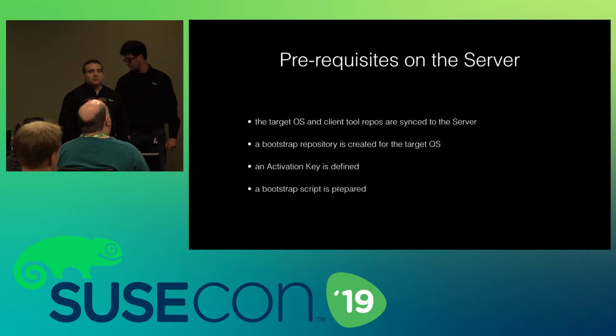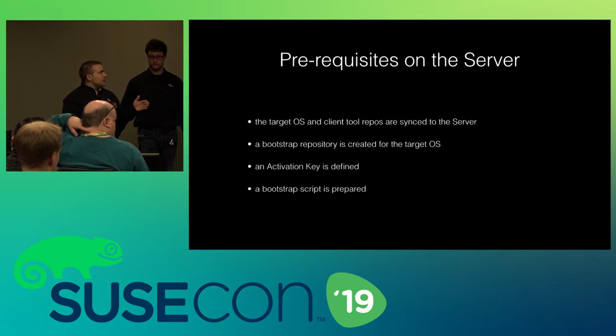For example, if we fix some bug that prevented registration under certain circumstances, that version is not included in the bootstrap repository. So you have to run the command to recreate the bootstrap repository from time to time. That command is mgr-create-bootstrap-repo. And other than that, not so frequently, but also from time to time, the bootstrap script changes.